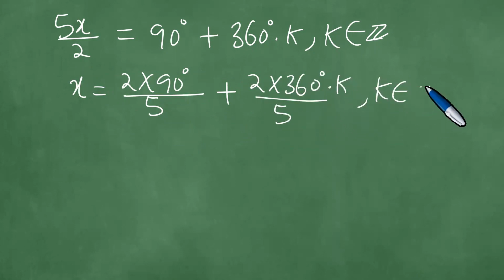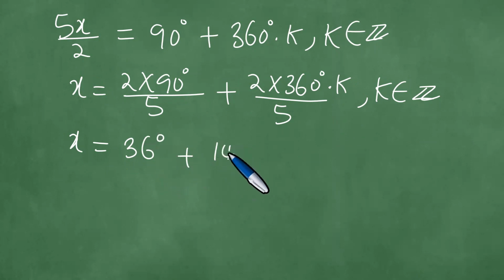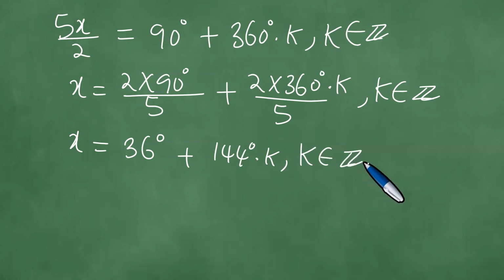We agree that k is an element of the set of integers, and that gives us exactly 36 degrees plus 144 degrees times k, where k is an element of the set of integers. Right, and we look at this carefully and analyze that this is not the only solution to the problem.